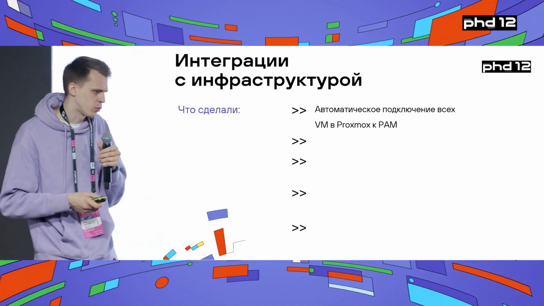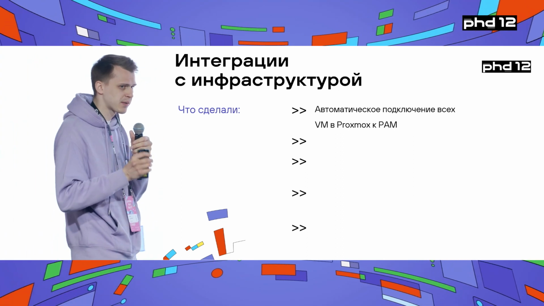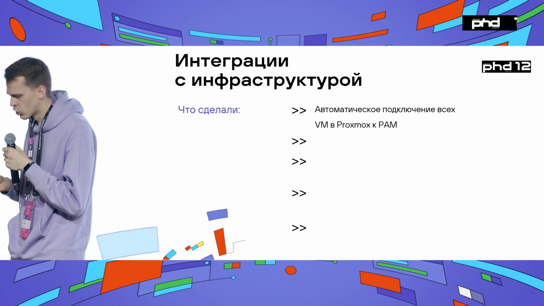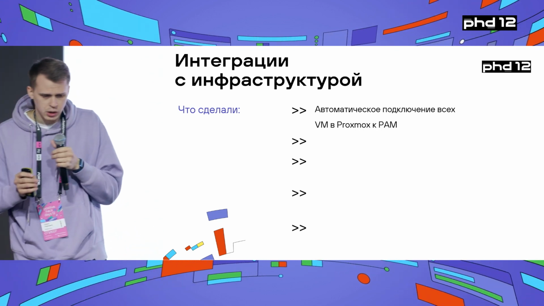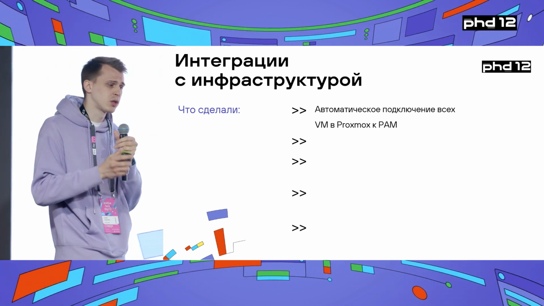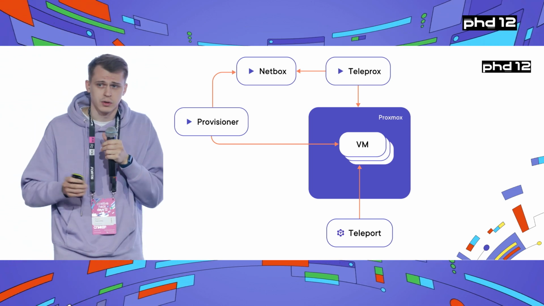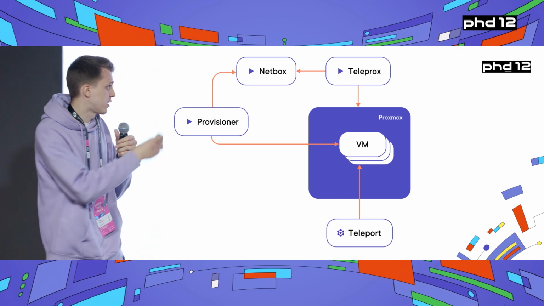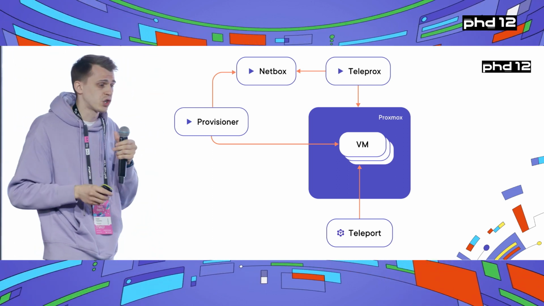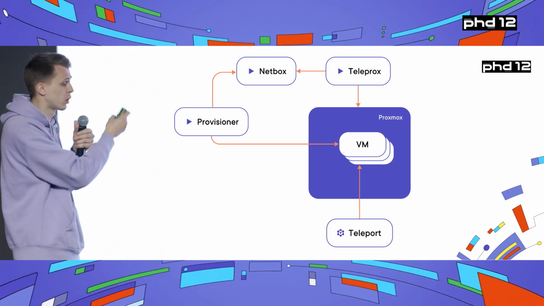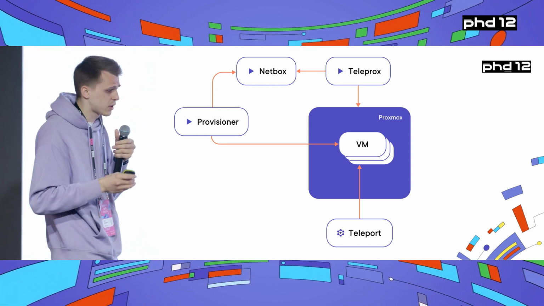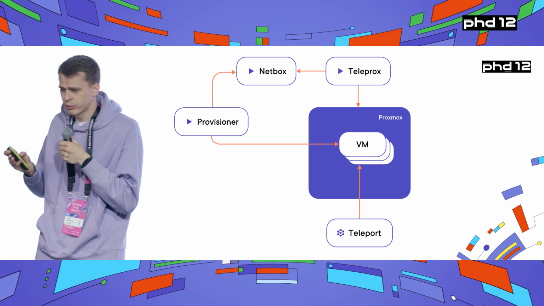The first strategically important step was to change the process of how virtual machines run in Proxmox. So the virtual machines have the tags attached by default, and they connect to Teleport. We have Proxmox with the virtual machines. We have the provisioner, and it installs the virtual machines, and we have NetBox.